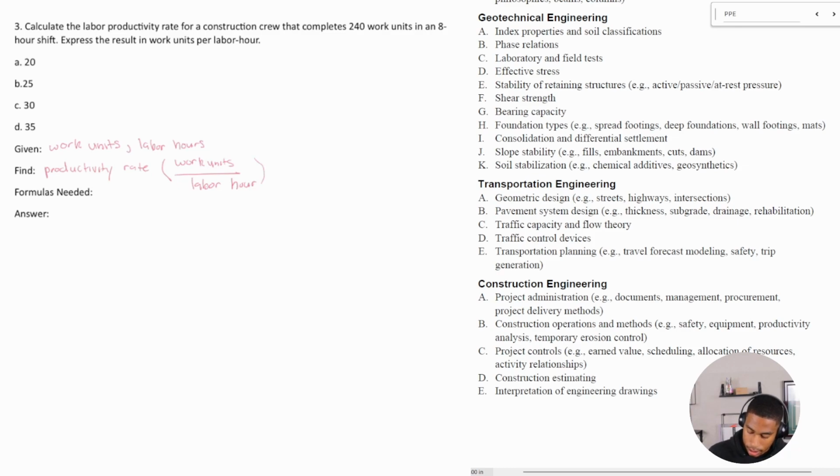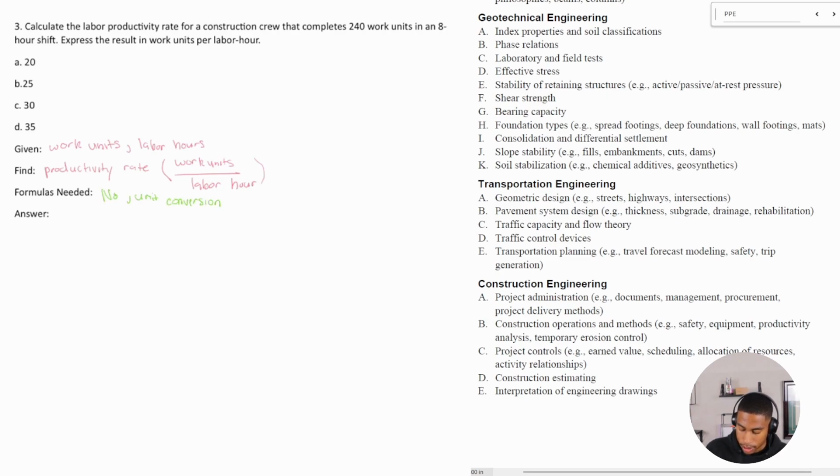All right. So will we need any formulas for this? I would say no. Looks like this is going to be just a unit conversion.